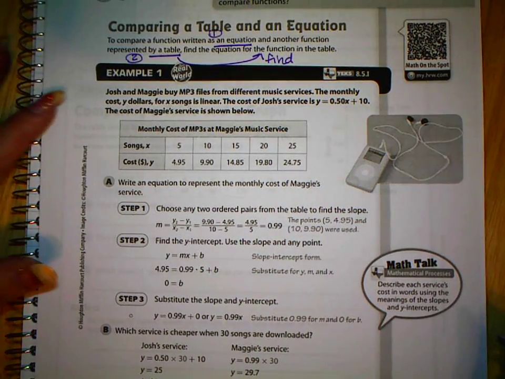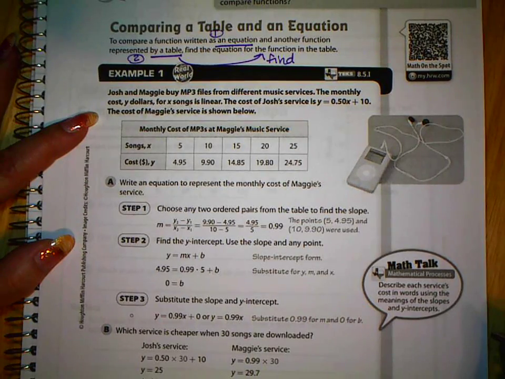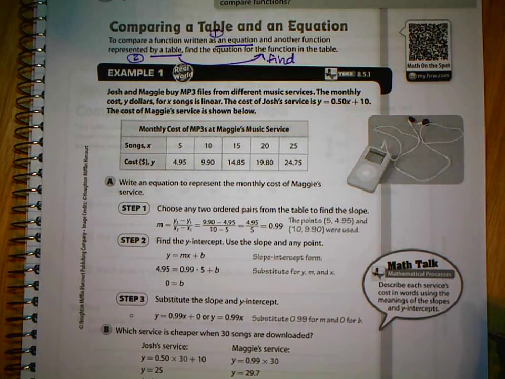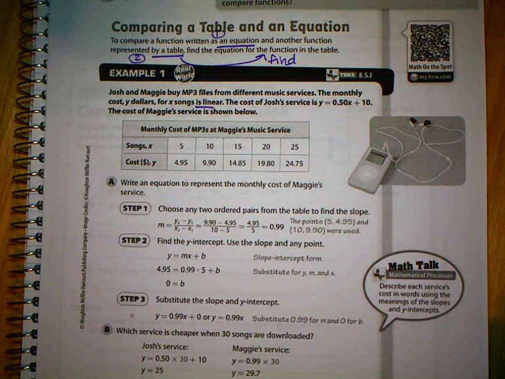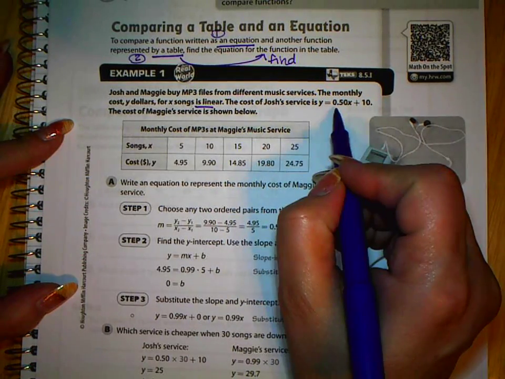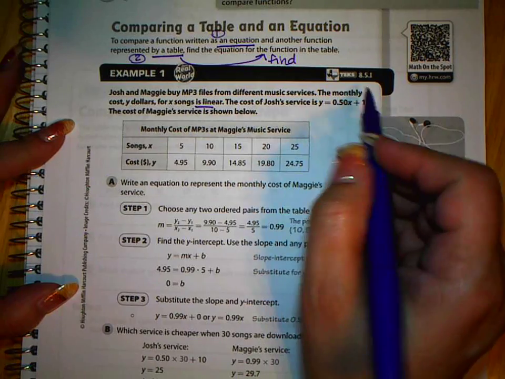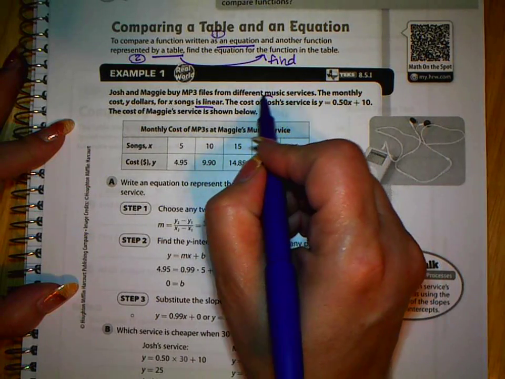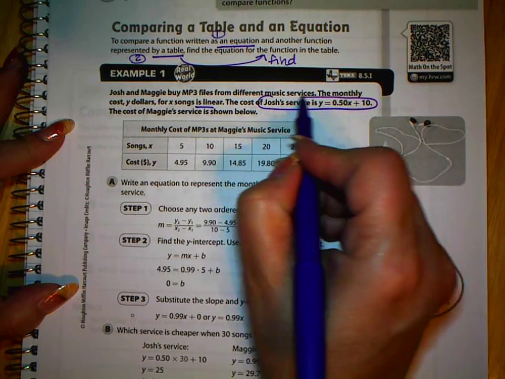Josh and Meg buy MP3 files from different music services. The monthly cost of y for x songs is linear, so we're already told it is linear. The cost of Josh's service is y equals 0.50x plus 10. So this is Josh.